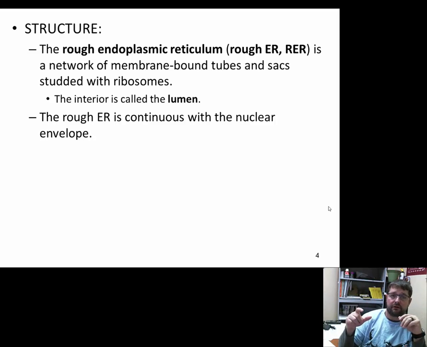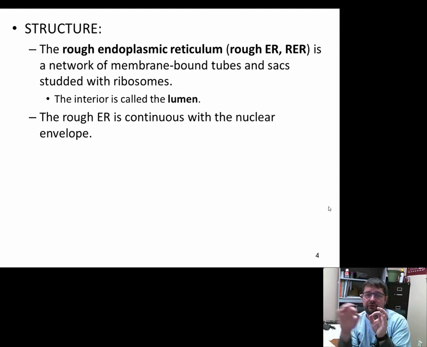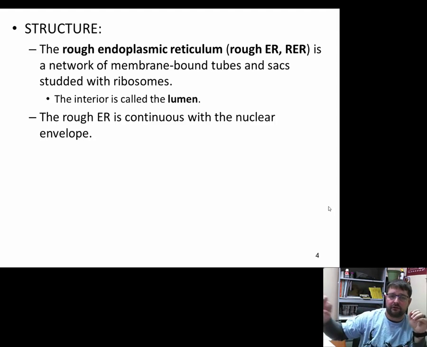The rough ER has ribosomes attached to it, and it is going to be this membrane that can vesicle out, can take little vesicles and move them to another entity, the Golgi apparatus.